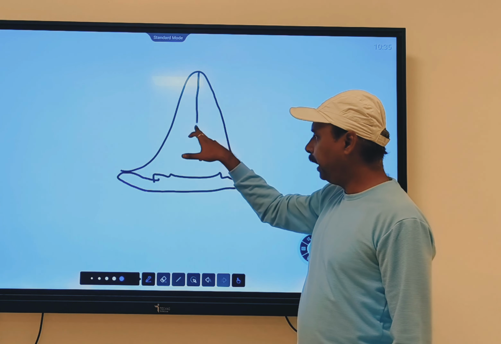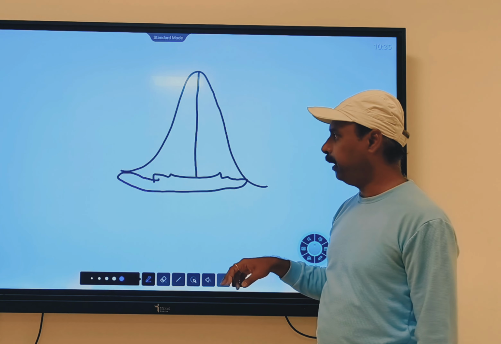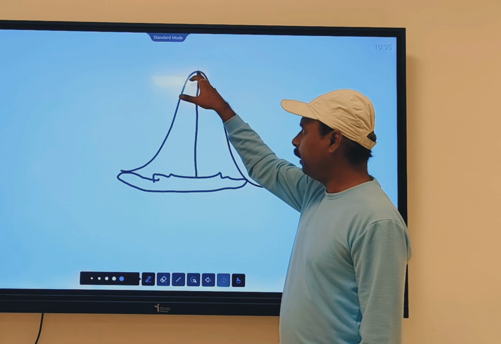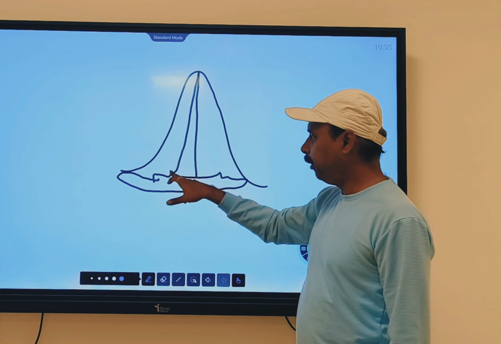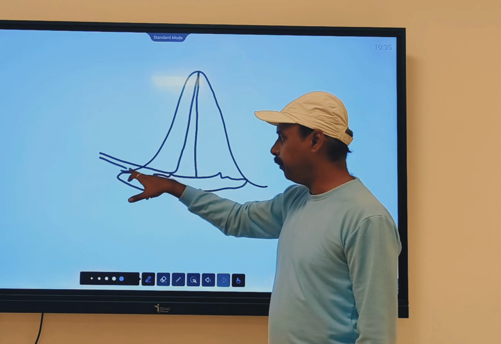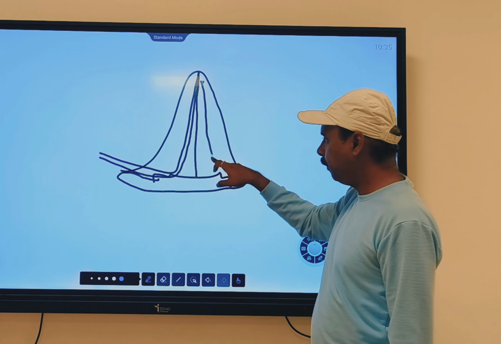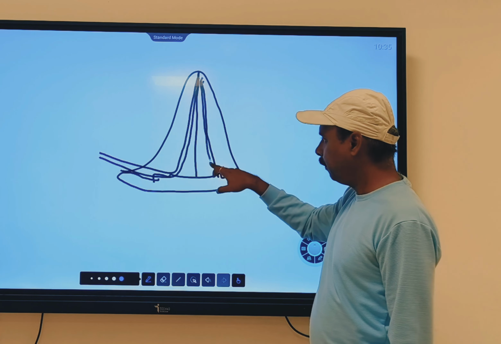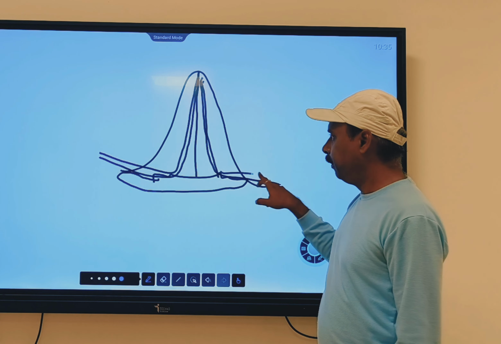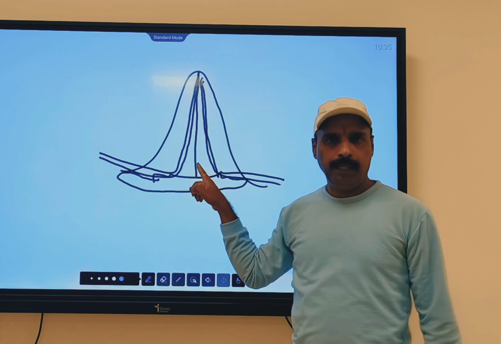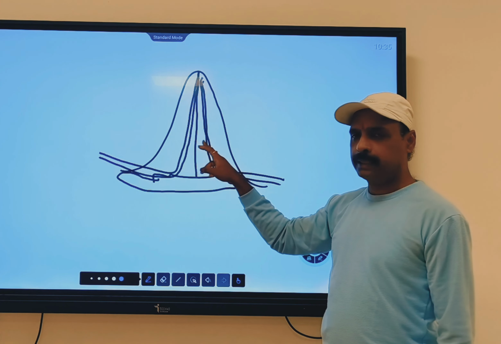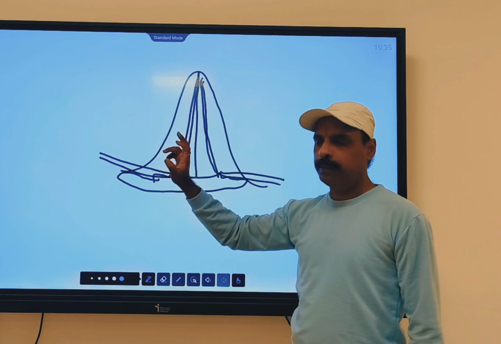This is the median plane or median raphe. Then this is the anterior belly of digastric and this is the posterior belly of digastric.